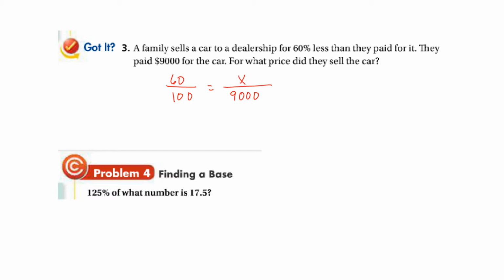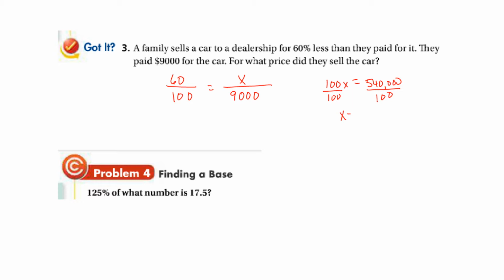So I've got my x in my part, or my is part. So again, do my cross products. 100x equals 60 times 9,000. And I get 540,000 divided by 100.